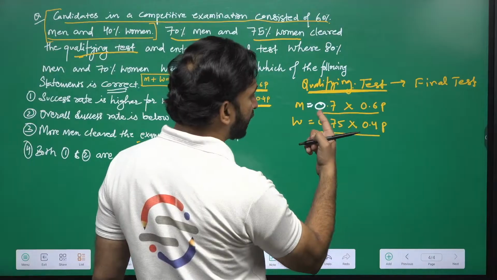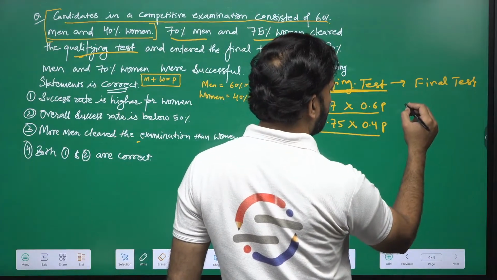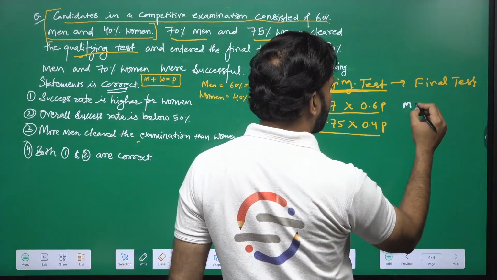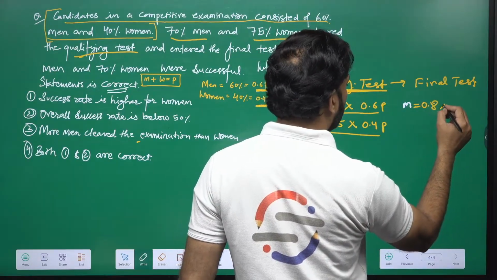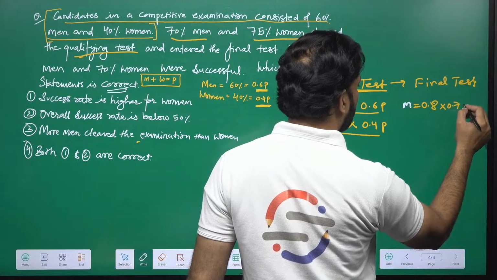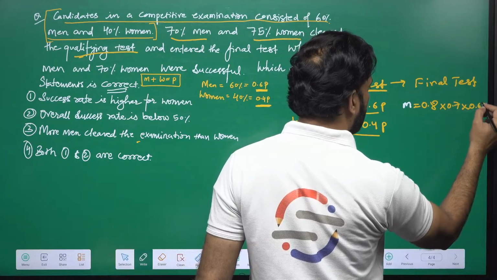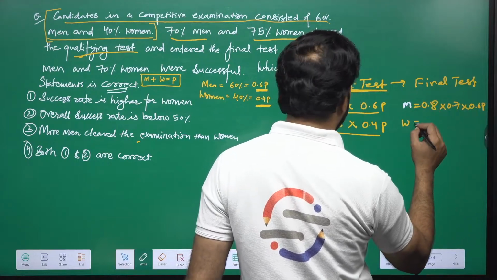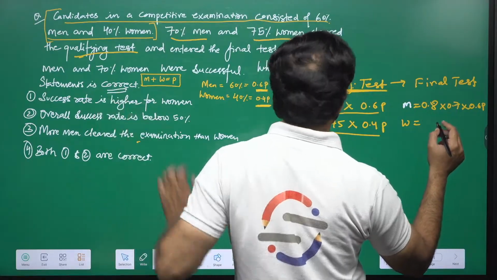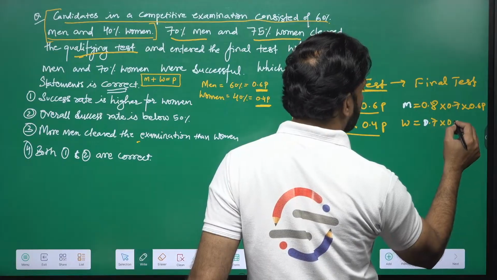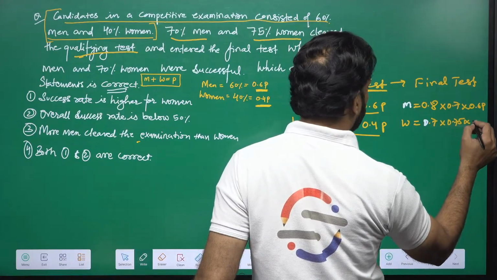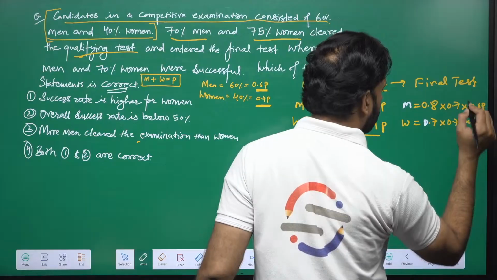So 80% of this, men qualified the final test, that is 0.8 multiplied by 0.7 multiplied by 0.6 of P. Women, that is 70%, 0.7 multiplied by 0.75 multiplied by 0.4 of P.